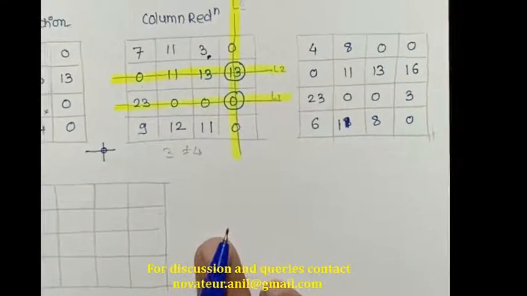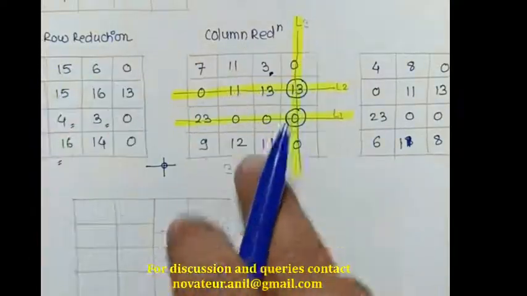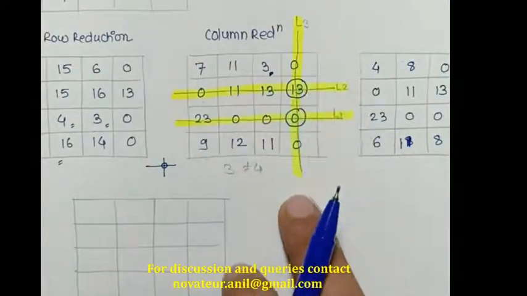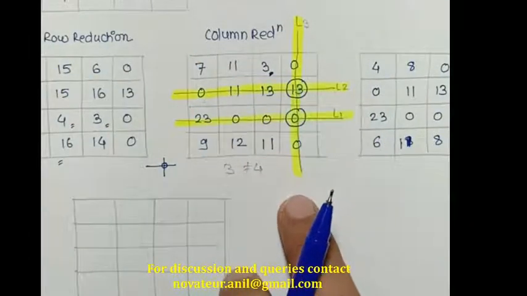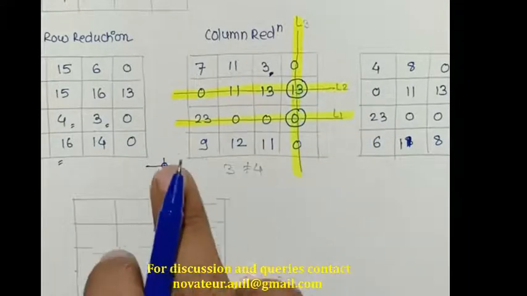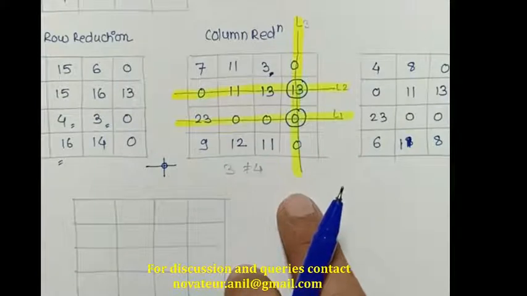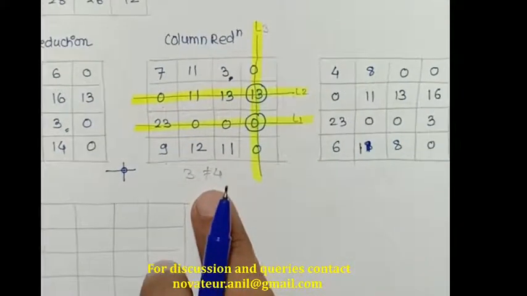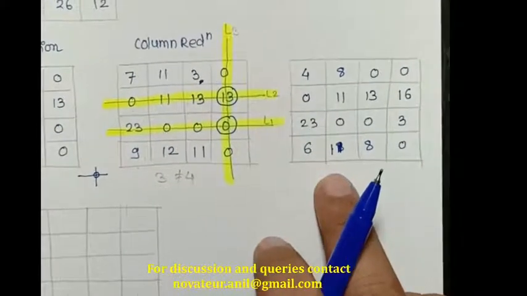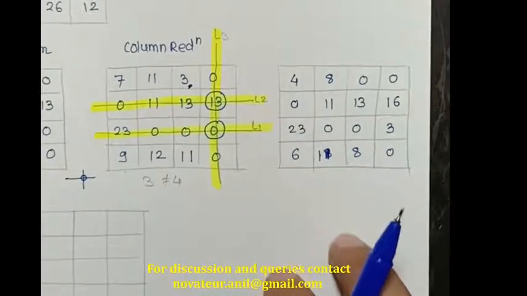I'll repeat what I've done. After column reduction, I tried to cover all the zeros with the fewest lines. In order to do that, I could only find 3 lines sufficient to cover all the zeros, which is not the optimal solution. So I have to undergo a different step, wherein I perform two operations.